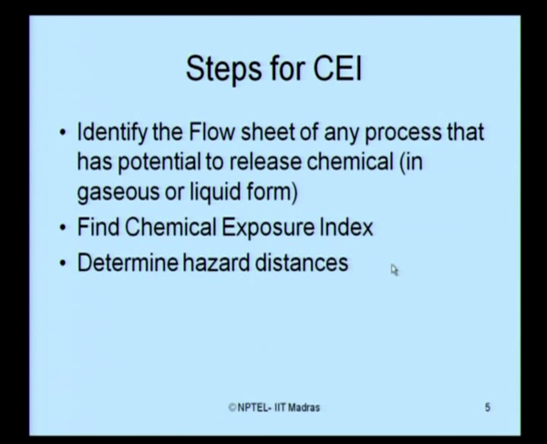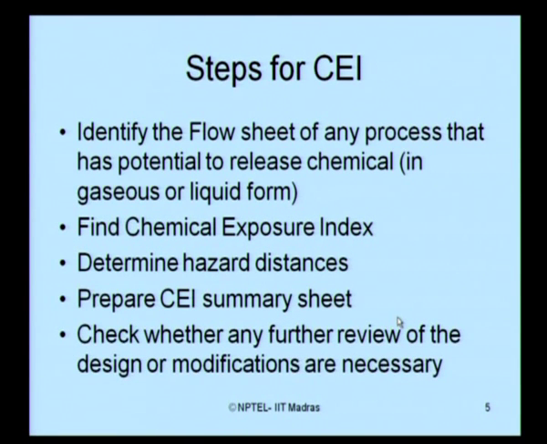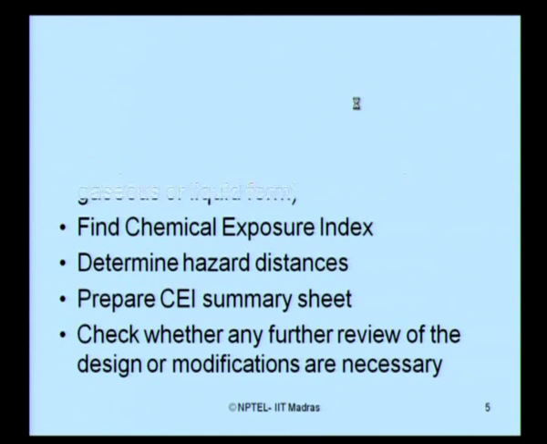I determine that distance, which I call the hazard distance, based on a specific number which I call the chemical exposure index value. Then I prepare what I call a CEI summary sheet, then check whether any further review of the design or modifications are necessary. So, these are the broad steps involved in doing a CEI study.